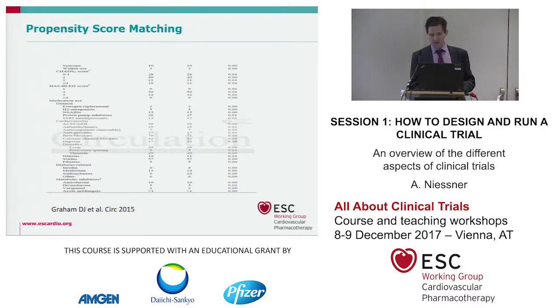But now there's the but: they only matched for known variables, so they can only match for the variables they know. They cannot match for any variable, like the typical thing, social status, which they do not know about the patient. So that's the limitation. You can do a very good matched study, and they did it in a very good way, but still you have to be aware it's not a randomized controlled trial, because it's not adjusted for variables you do not know.